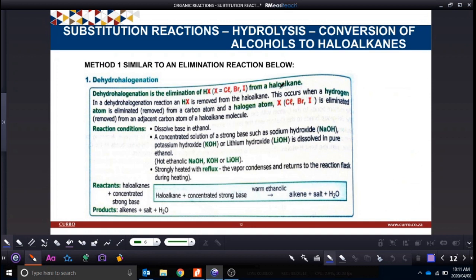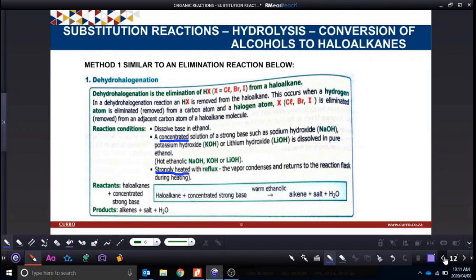Here is the elimination reaction where we use dehydrohalogenation. In the previous one, we did hydrolysis. Now in elimination, we still dissolve the base in ethanol, but here we use a concentrated solution. With the previous one, we used a diluted one, and in the dehydrohalogenation, we use strong heat.